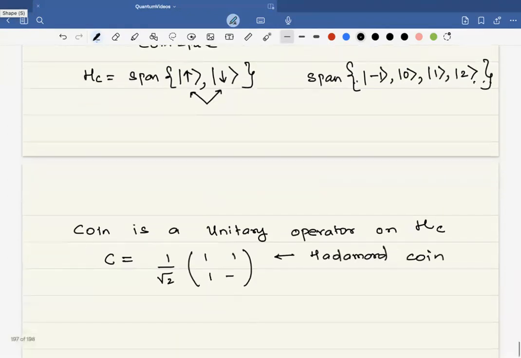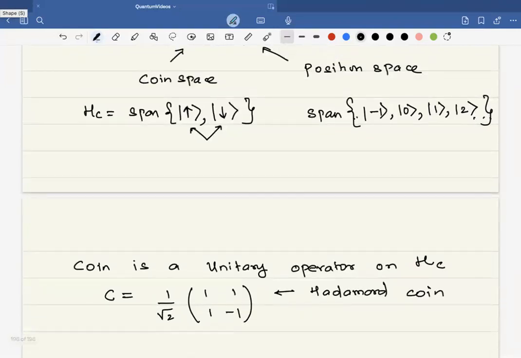And so the first step is tossing this coin. You can have an initial state, so psi initial of the walker can be, for example, up tensor 0, which means that the walker is initially in a state where the coin state is in the up state and the position state is at the 0 position.